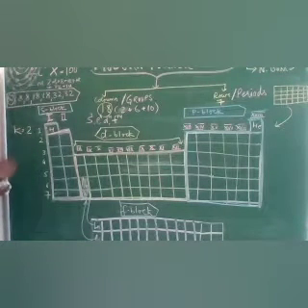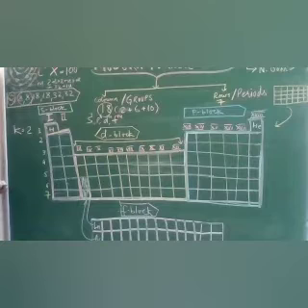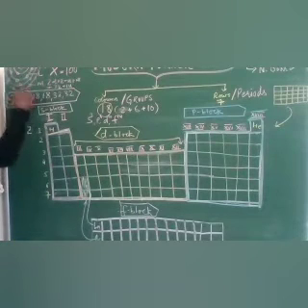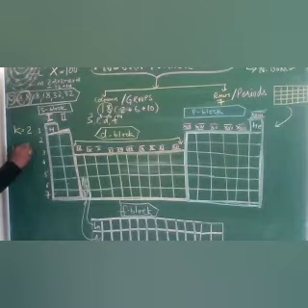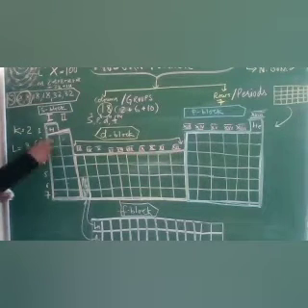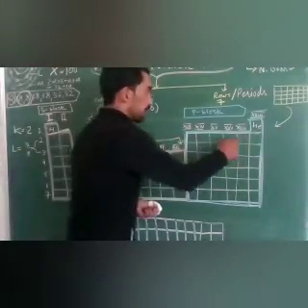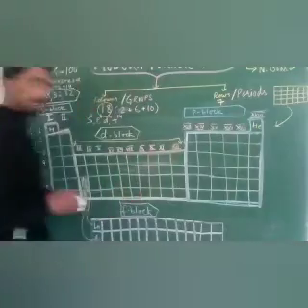Second, L. According to Bohr, L can accommodate 2 times 8, that is 8 and 8. Now you see, is there 8 and 8 in periods 2 and 3? Yes, sir. 1, 2, 3, 4, 5, 6, 7, 8, so 8, 8, 2 times.